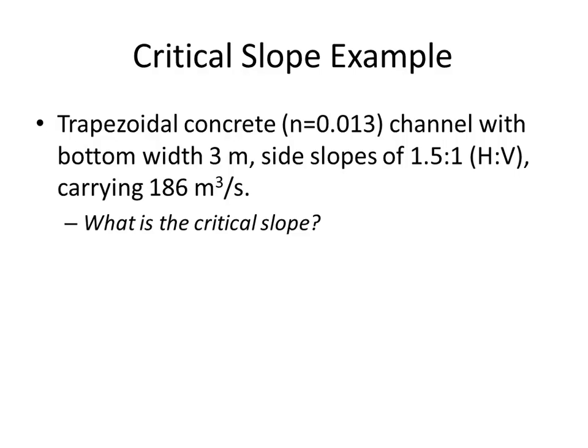All right. If we want to find the critical depth, that's going to be Q squared times T over g A cubed is equal to 1. Q is 186 cubic meters per second.